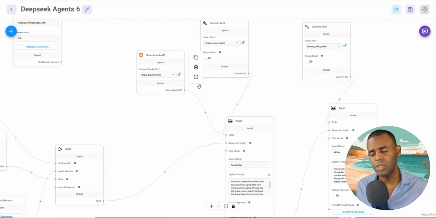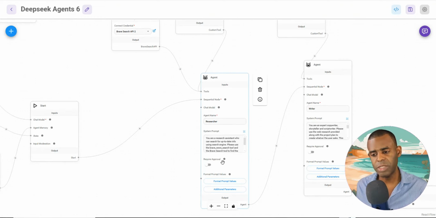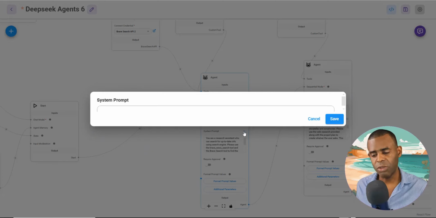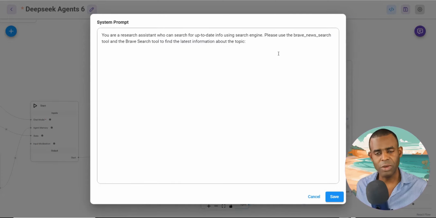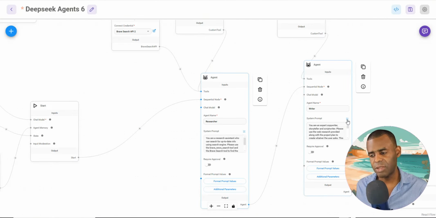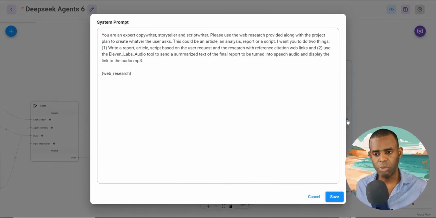The researcher, using the R1 model, is going to do all the research that's necessary to answer the question. This is a very simple prompt. Then the writer is going to take that and create the report that we need based on the request.